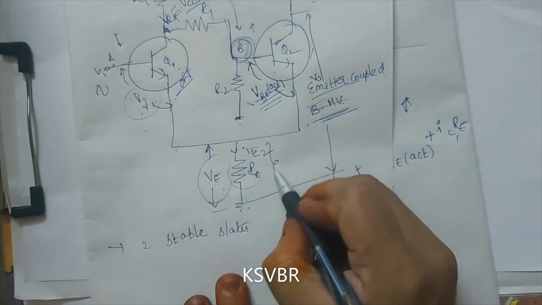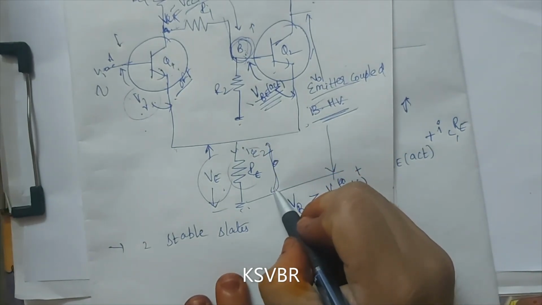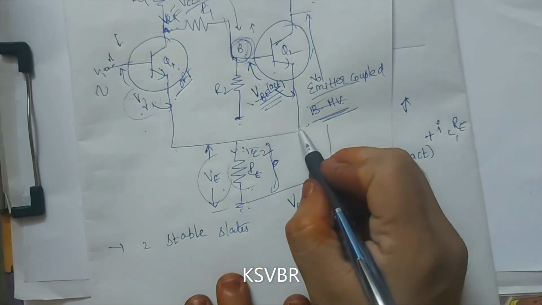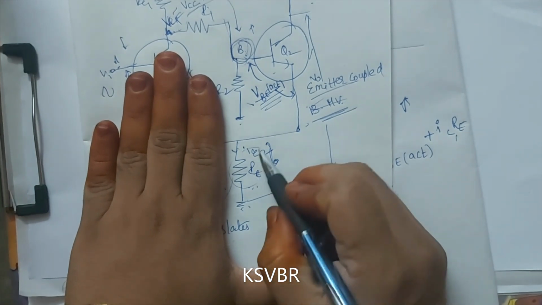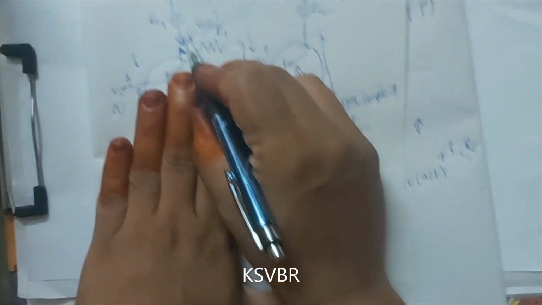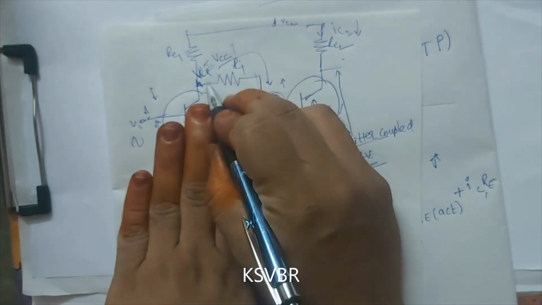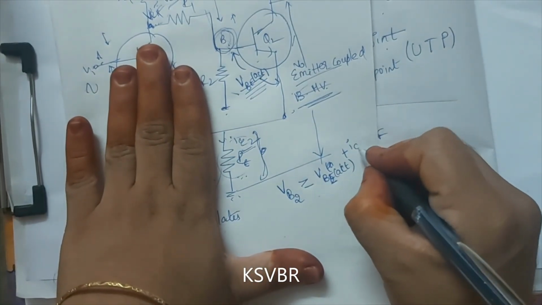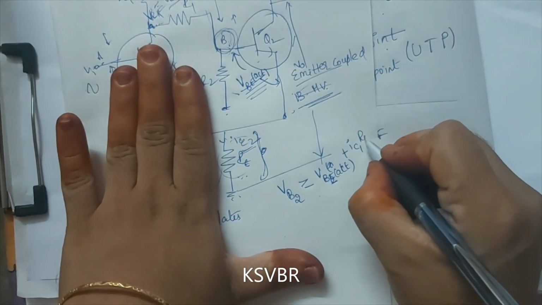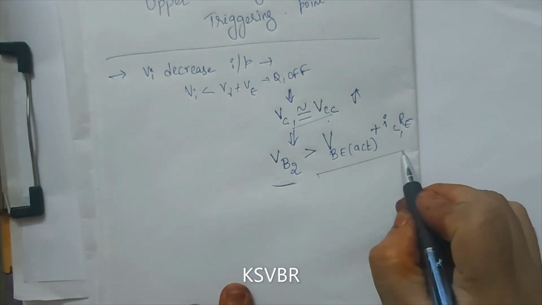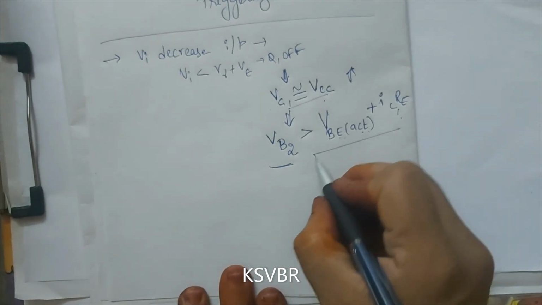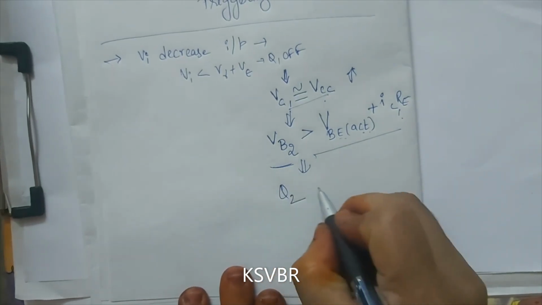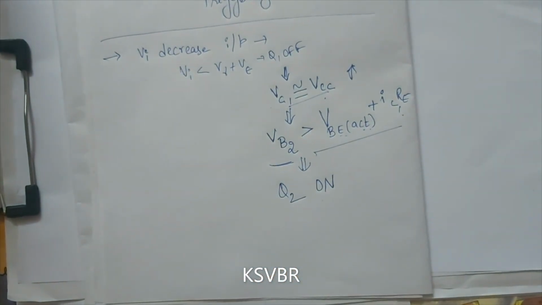Plus we will have this drop because this is emitter coupled, and if this transistor is off, the connection will be like this, and the current flows because of the off transistor Q1. So that's why we have IC1 into RE. That's why I wrote VB2 is greater than VBE active plus IC1 into RE. Then Q2 transistor becomes on.